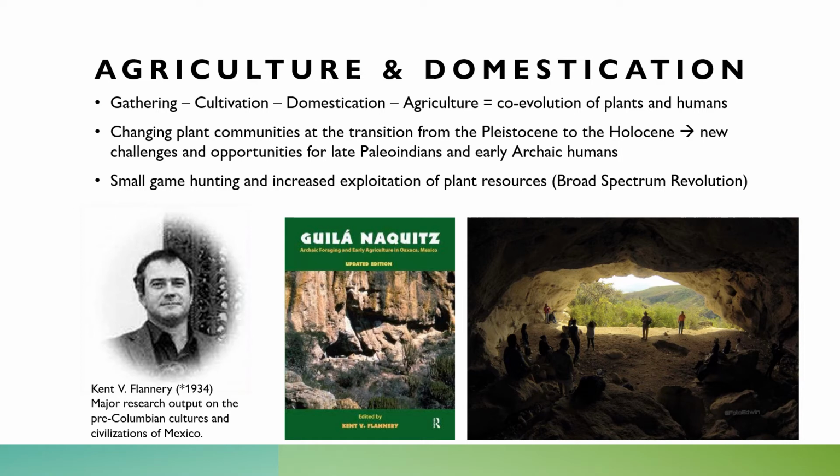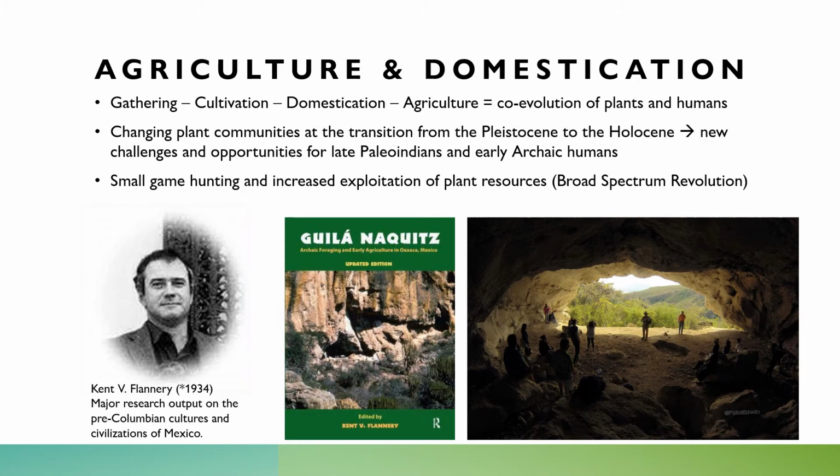A systems theory approach has been adopted by Kent Flannery to understand the process of plant domestication and the development of agriculture in the highlands of Mexico. According to Flannery's model, hunter-gatherers gradually adapted to changes in plant communities during the Pleistocene to Holocene transition, making increasingly use of wild species, which they eventually domesticated.